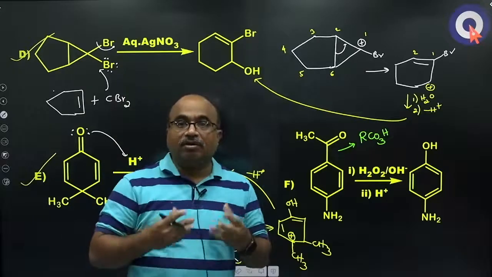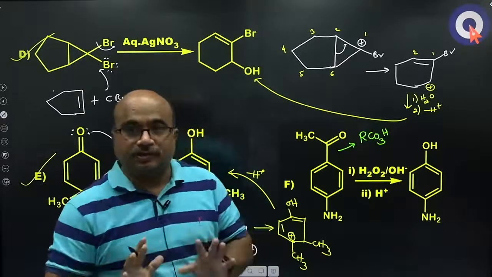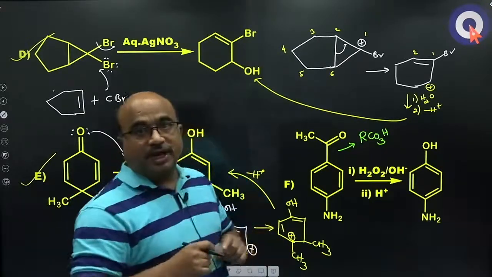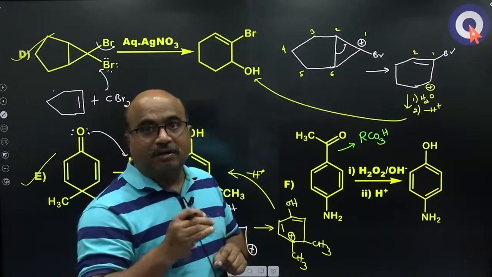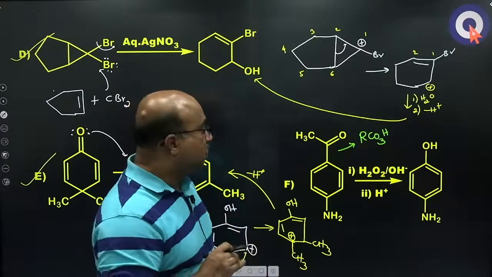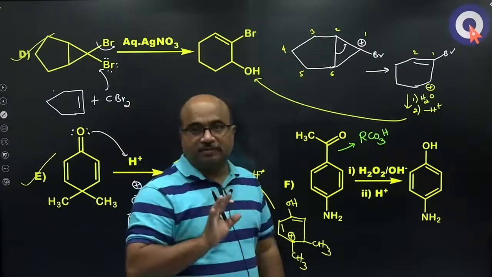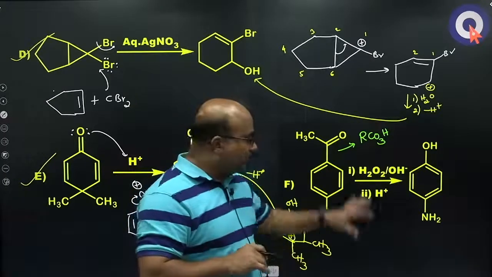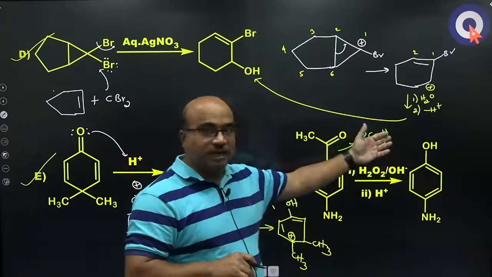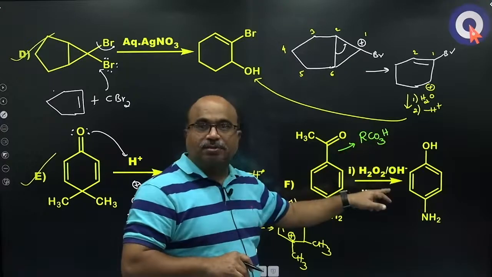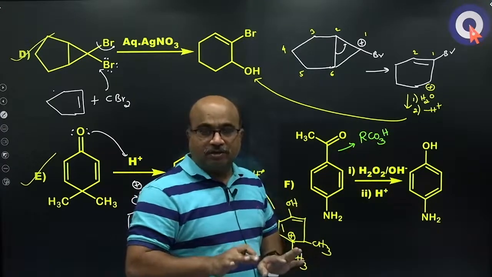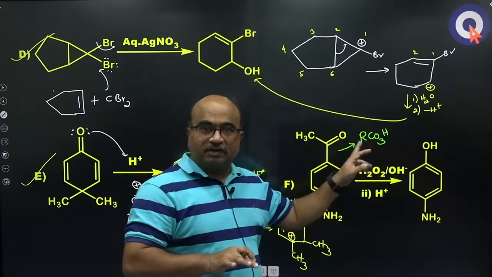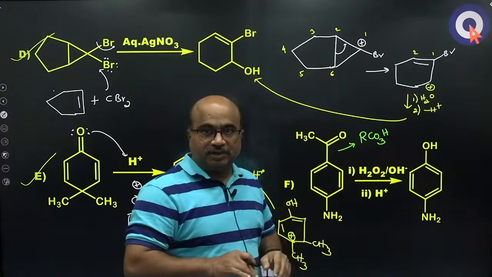If a ketone is treated with peroxy acids, that reaction is what we call Baeyer-Villiger oxidation. So oxygen gets inserted. Will it happen with hydrogen peroxide? No. It can happen with peroxy acids. Clear?